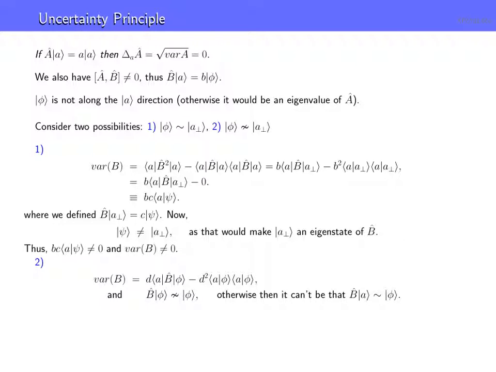Now, we could go through a proof here to show this, and it might be worthwhile just to make sure that we're rigorous here. So maybe I'll take a moment to do this. Let's make the assumption that B on A is equal to D phi. And now we'll make the assumption that B on phi is equal to, I'll call it, C phi.